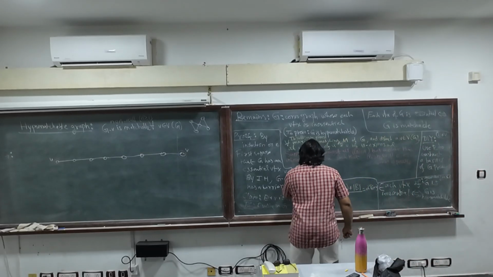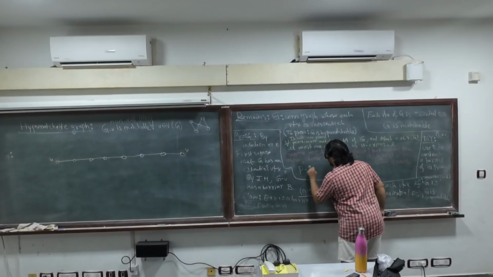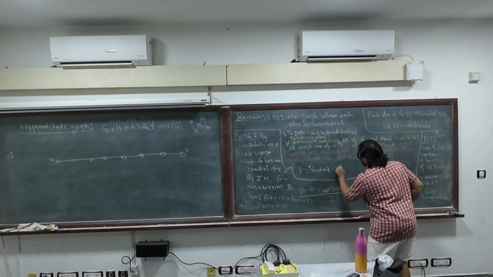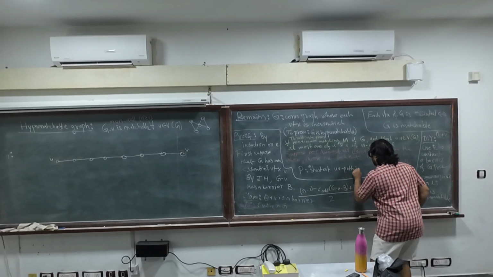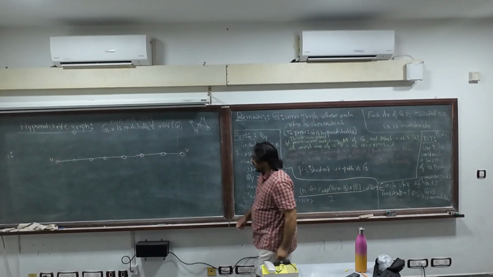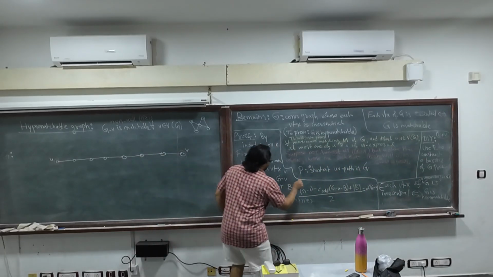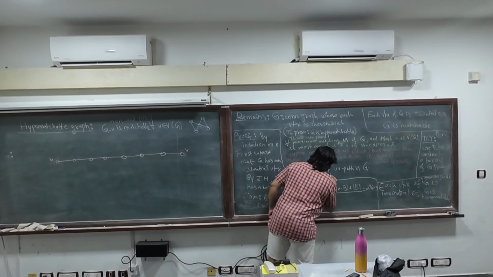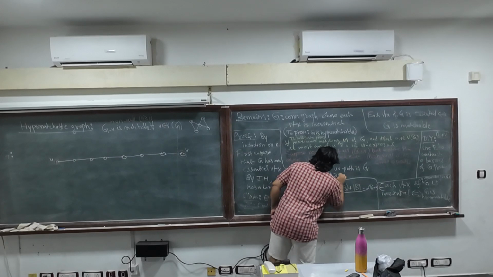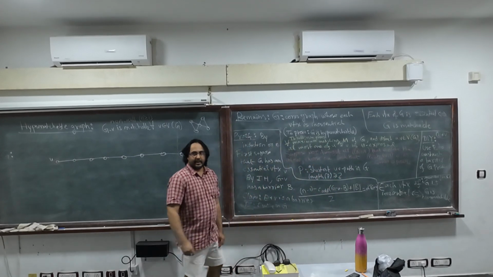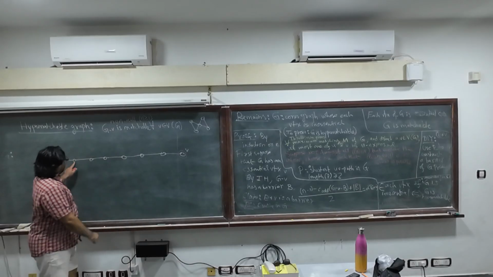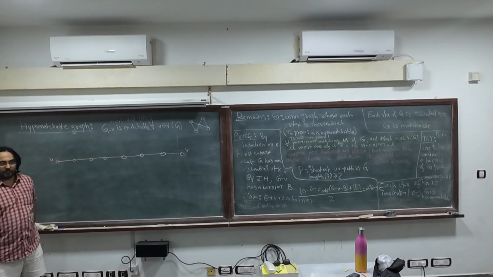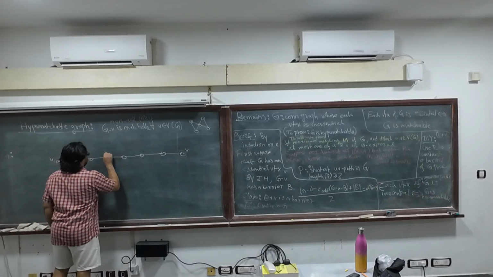So let's say P is a shortest U-V path in G. What we observed is that the length of P, which is the number of edges, not the number of vertices, is at least 2. It can't be a single edge. That means there is at least one internal vertex in the path. By internal I mean a vertex that is not U or V. So let me consider such a vertex W.